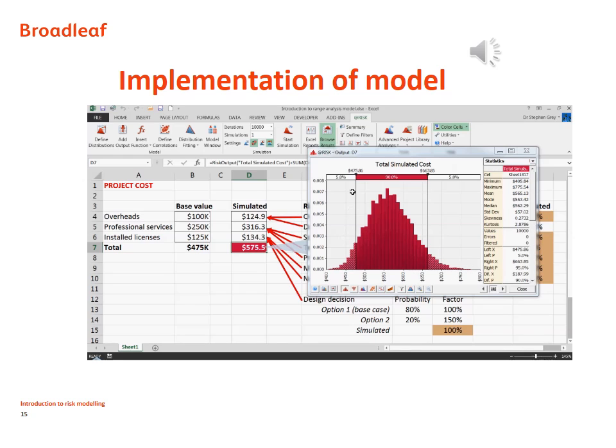The likelihood of making that $475,000 initial estimate is looking like about 1 in 20, 5%. The most likely outcome appears to be around $550,000, and it wouldn't be surprising if we got a value around $650,000.